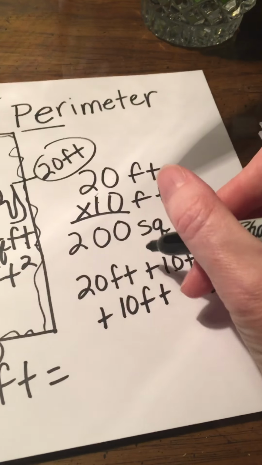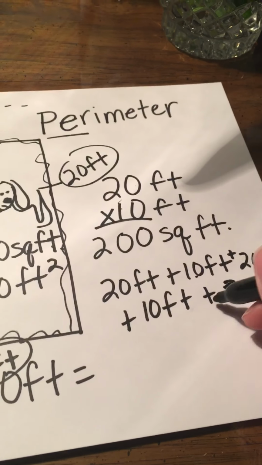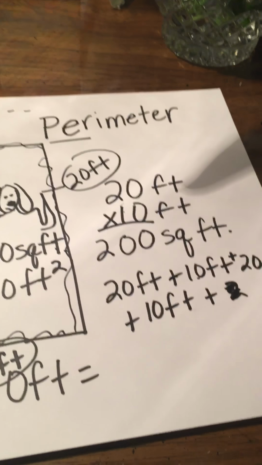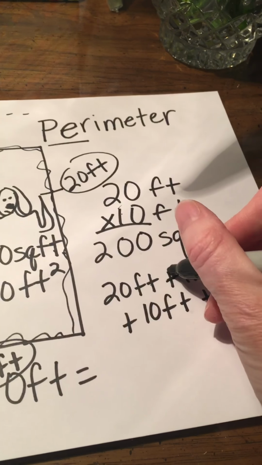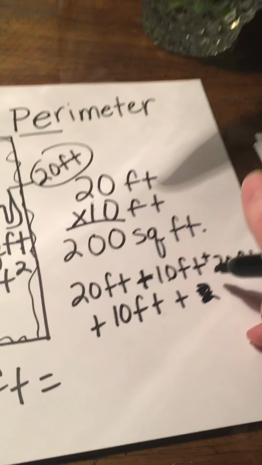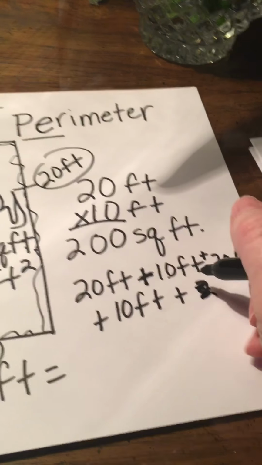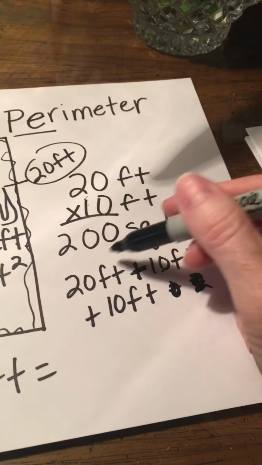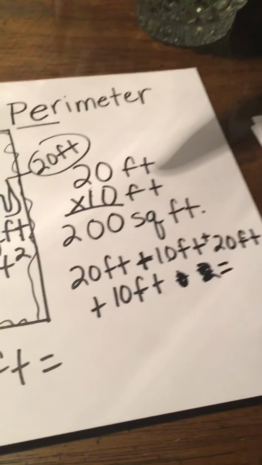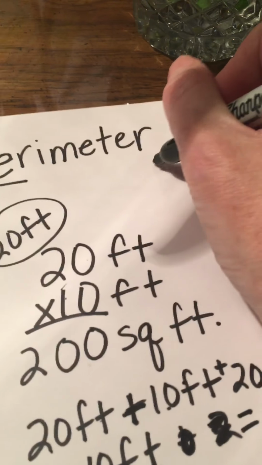Now make sure if you're writing feet, make a space between the feet and the plus sign so that you know that this is not a T. Because as you can tell, it's kind of hard to tell. So make sure that you make a space in between. So we have 20 feet plus 10 feet plus 20 feet plus 10 feet equals, and what I can do is I'm going to line them up.